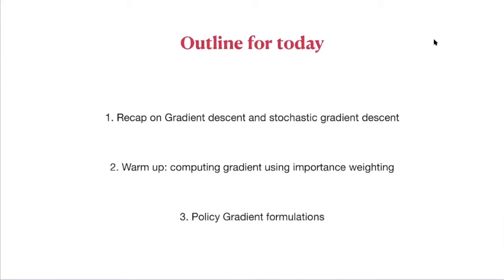Then let's do a warm-up: let's see how we can compute a gradient using this trick called importance sampling. And then let's use the warm-up procedure to directly compute the policy gradient. Any questions so far? Okay, great.